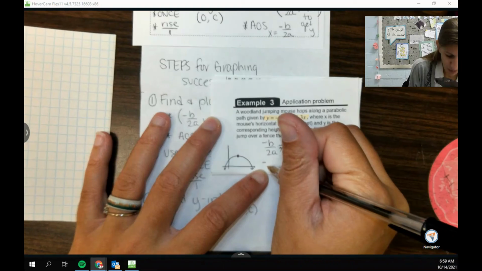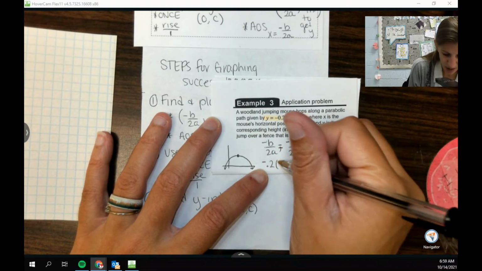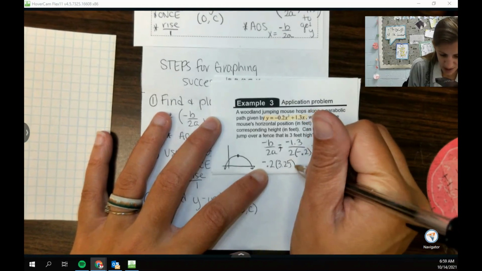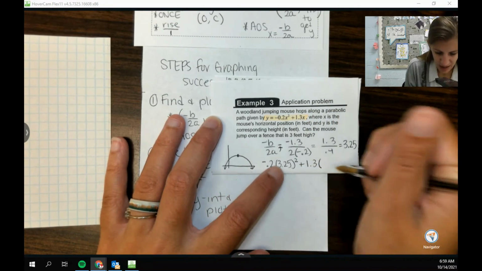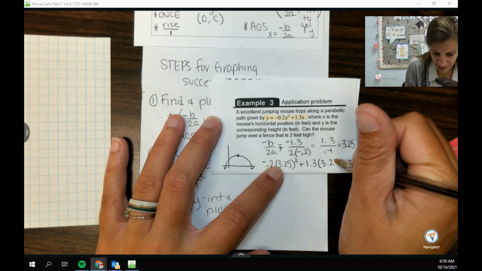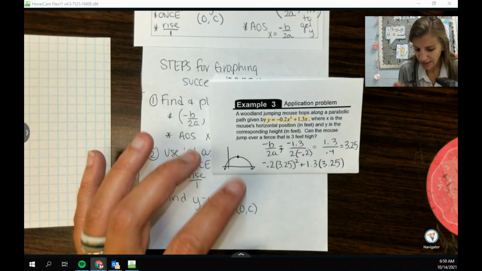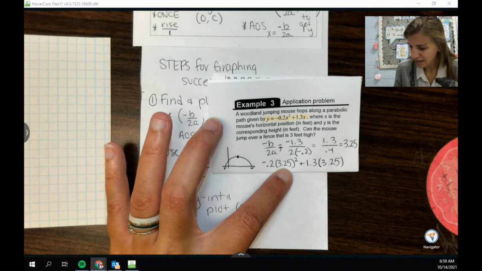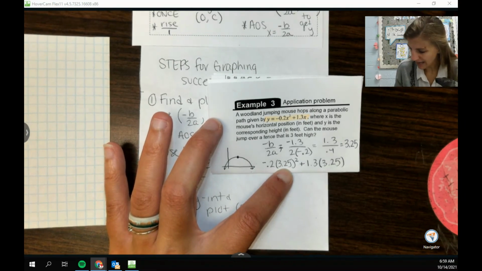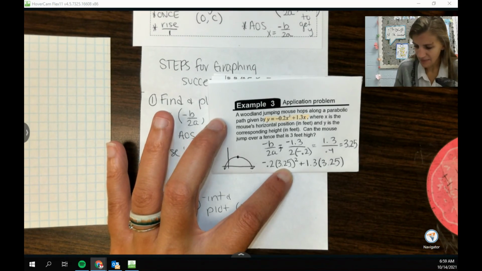So we'll have negative 0.2 x squared, so 3.25 squared, plus 1.3 times 3.25. Again, handy dandy calculator time, just because decimal land. So I'm going to square this and multiply it by 0.2 and make it negative.